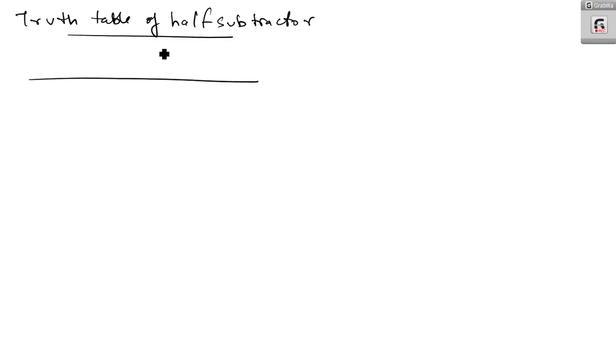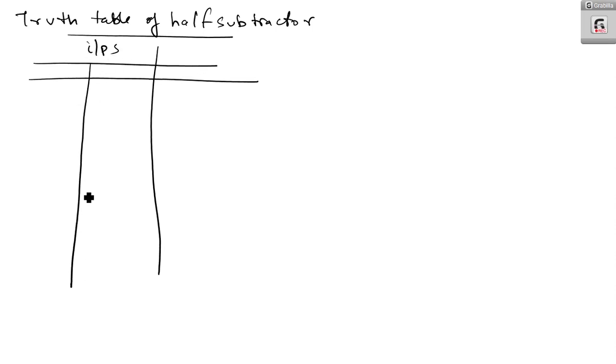So coming to the truth table of half subtractor. We have two inputs, A and B. Outputs are difference D and B, where B is borrow.